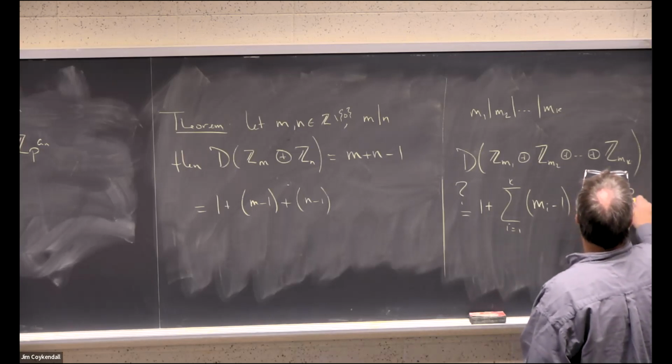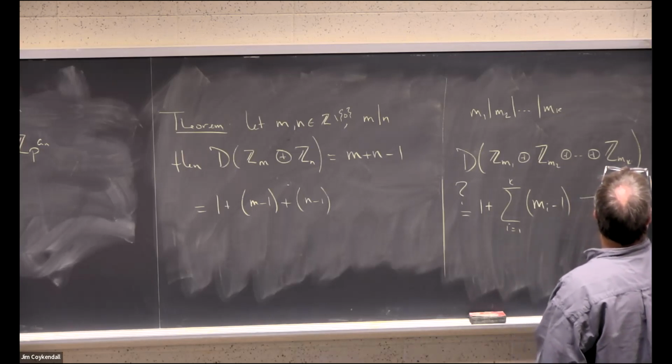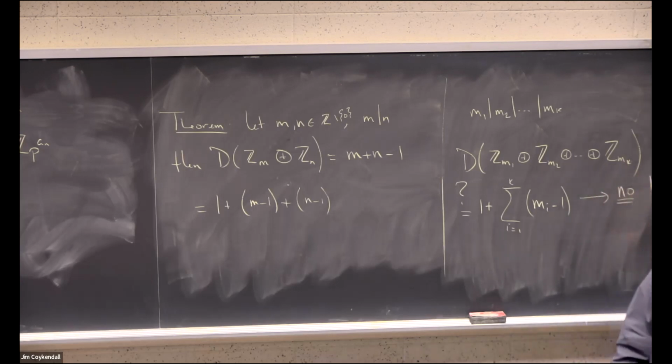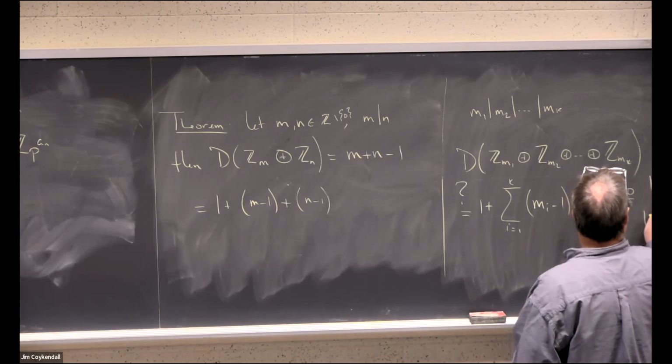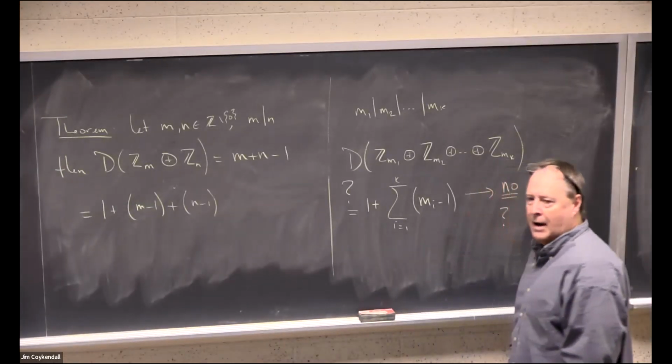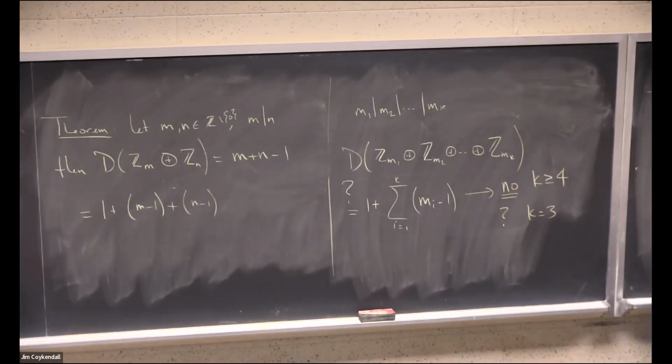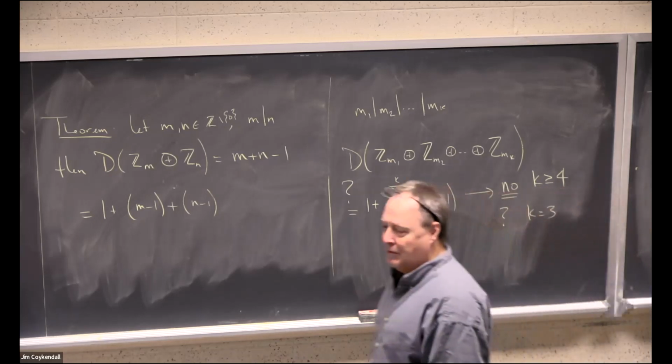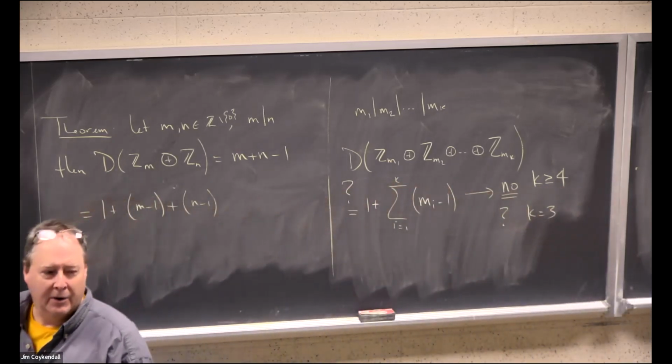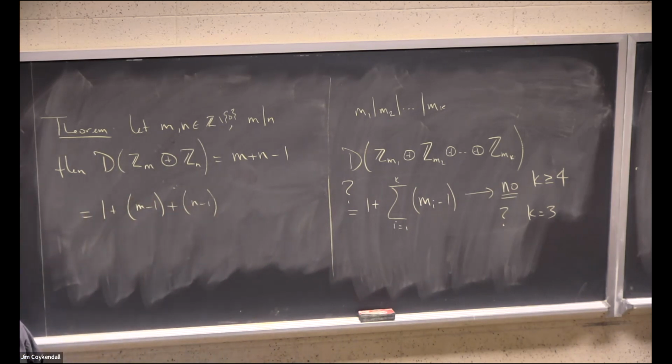No. For k greater than or equal to 4, I don't think there are any known counterexamples. Right. So that's like even k equals 3 is interesting. I haven't looked at this problem in a while.